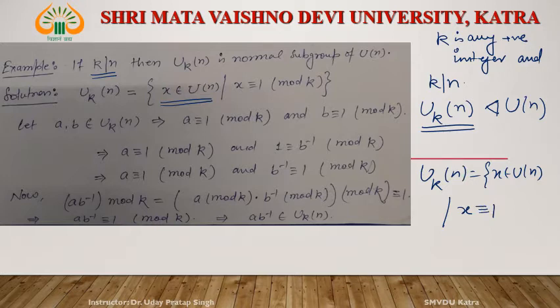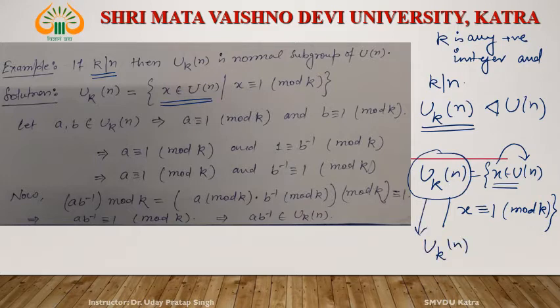It means x is congruent to 1 modulo k. All such numbers x in UN are elements of UKN. If we define UKN in this way, then this UKN is a normal subgroup of UN. This we have to show, right?